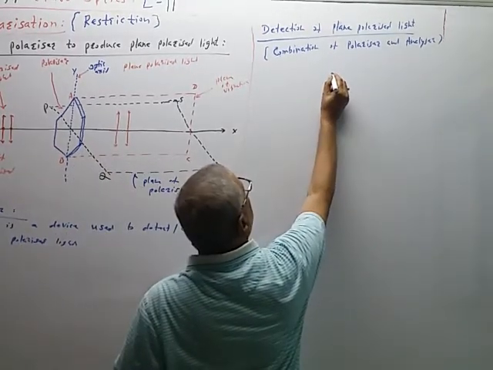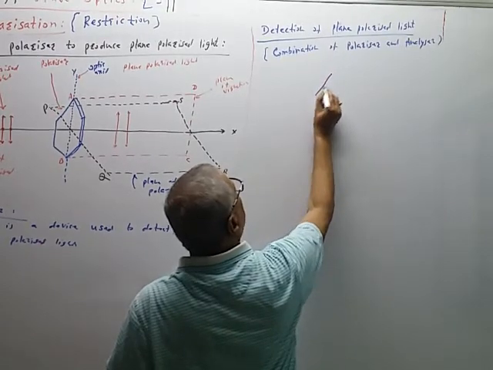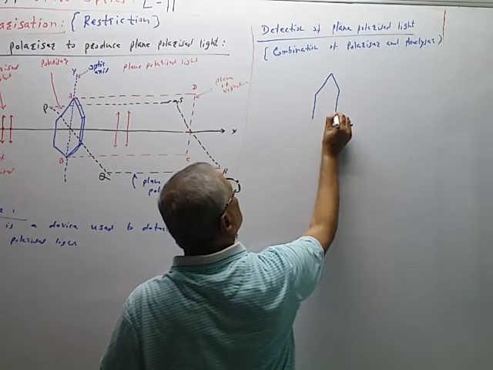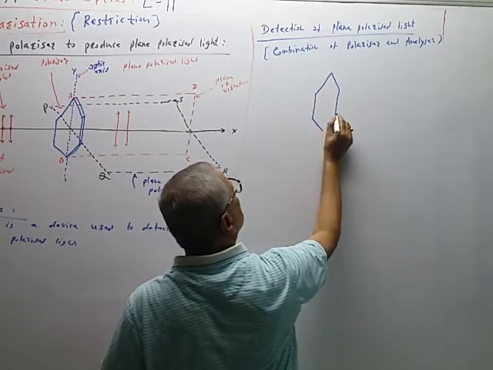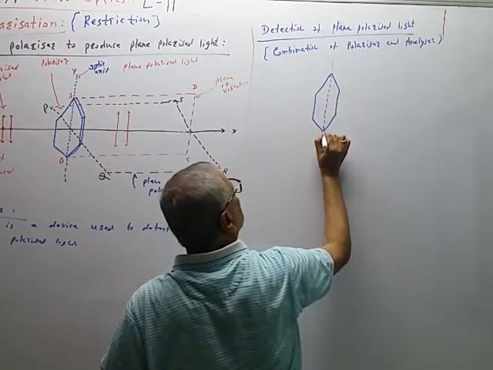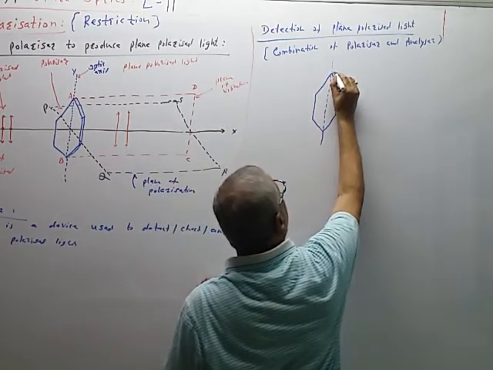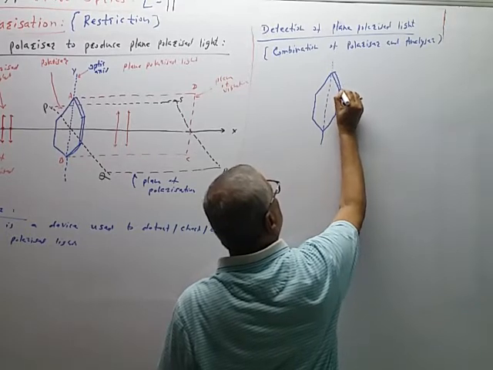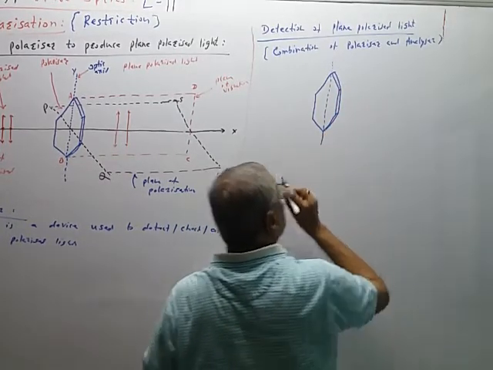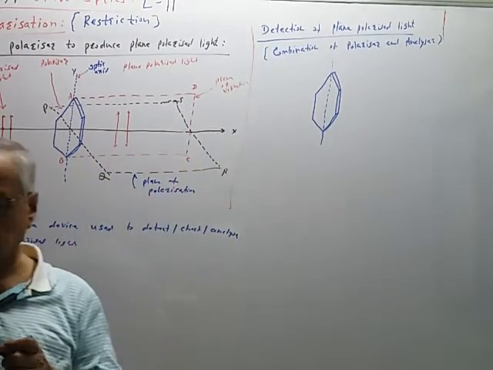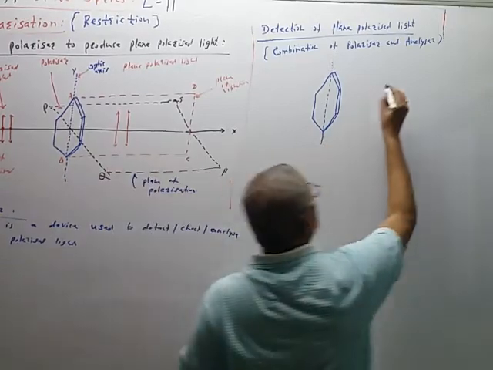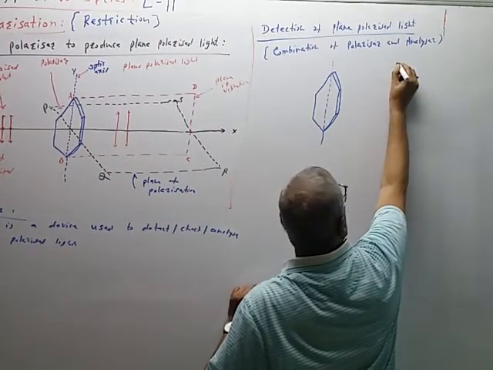So this is, as usual, the polarizer. These are the chromes. This is the optic axis. This is the thickness. P for polarizer. This is the analyzer. Their axes are kept parallel.